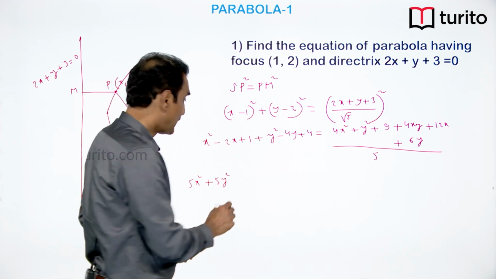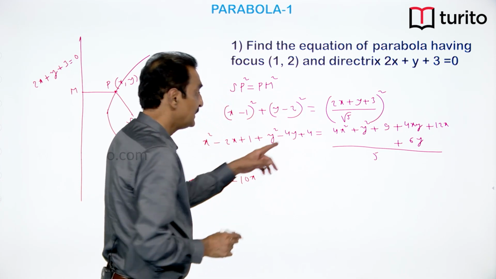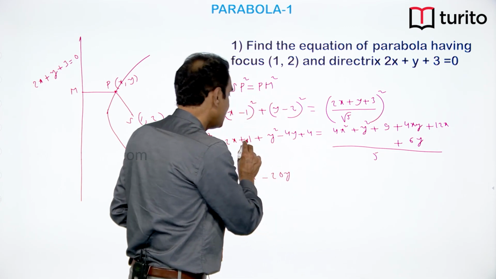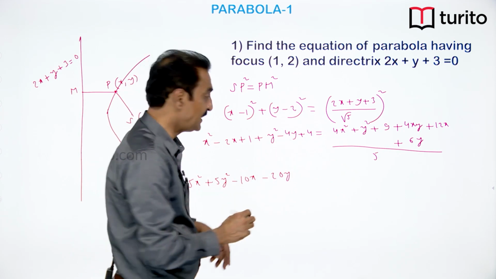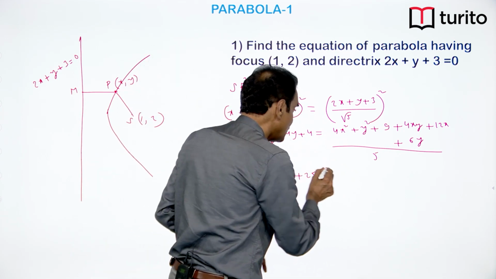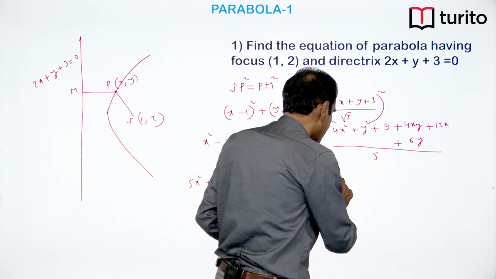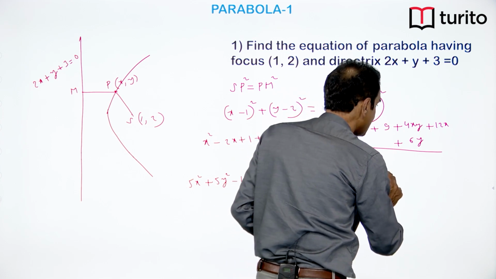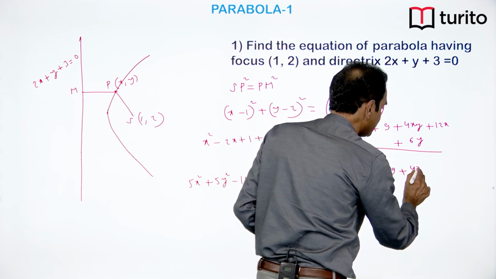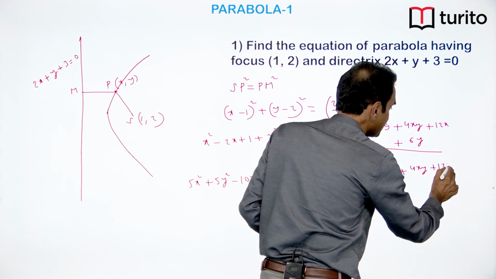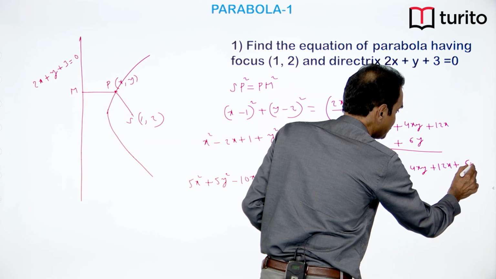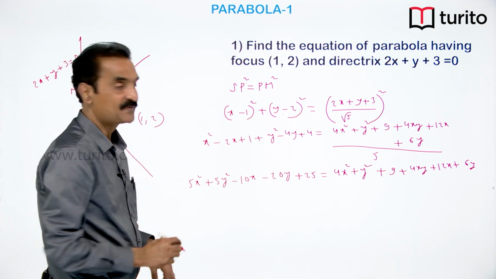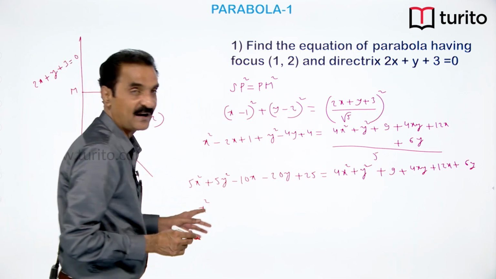Cross multiply by 5, we will get 5x square plus 5y square, this one. Next 5 into minus 2, minus 10x. Next 5 into minus 4y, minus 20y. And here 1 plus 4 is 5, 5 into 5 is 25 is equal to 4x square plus y square plus 9 plus 4xy plus 12x plus 6y. Now, we get 5x square minus 4x square, x square, then we should write the xy term.